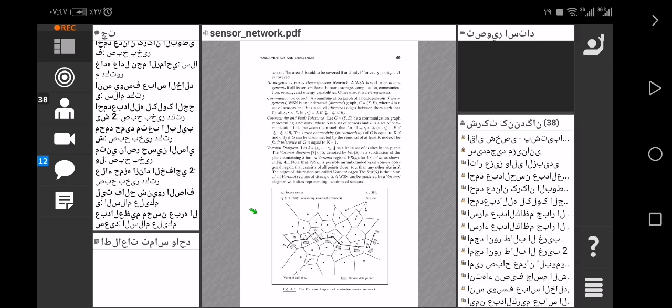So in this case, K is the connectivity. Removing K nodes of a graph results in disconnectivity.